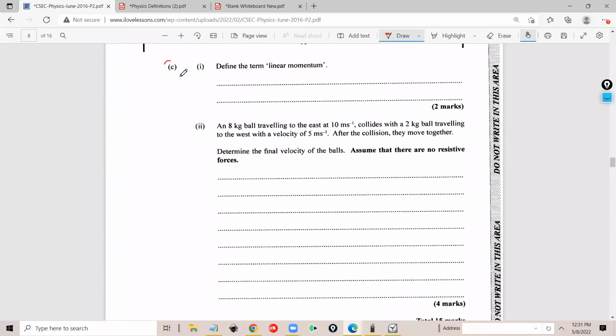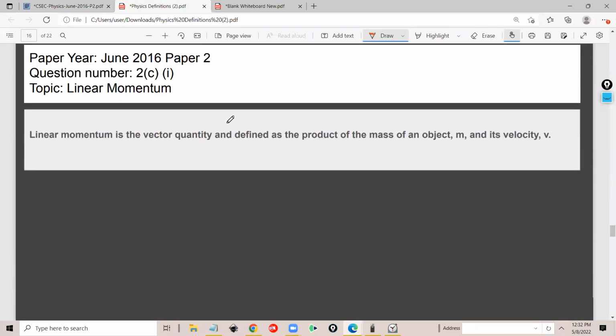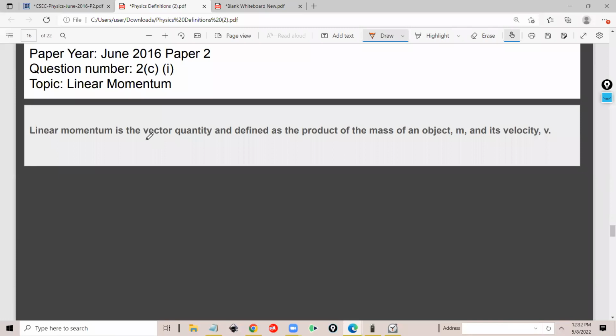Define linear momentum. All right, so let's see, remember momentum is what? Mass times velocity. They didn't ask you for the conservation of momentum. The conservation of momentum means the momentum before the collision is equal to the total momentum just after the collision. This is all they're basically looking for. Linear momentum is a vector quantity, which means direction is super important.